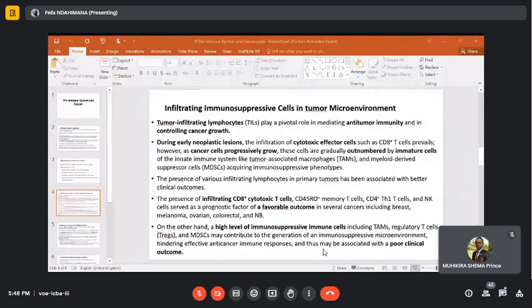During the early neoplastic stage, like during the development of the cancer, the infiltration of cytotoxic effector cells, such as CD8 T cells, prevails, which is a good thing. However, as cancer cells progressively grow, these cells are gradually outnumbered by immature cells of the innate immune system, like tumor-associated macrophages and myeloid-derived suppressor cells, acquiring an immunosuppressive phenotype.